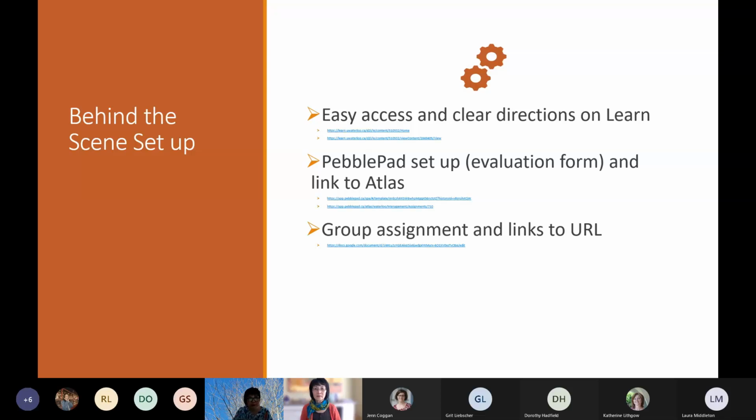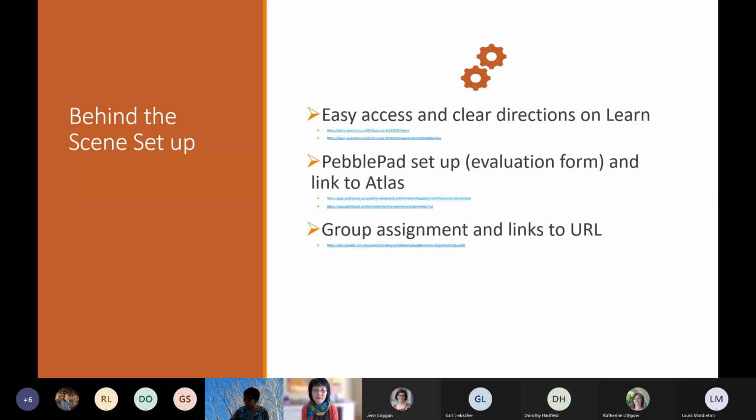And before the class started, of course, we needed to do a lot of setup for PebblePad and also the link to Alice. For that part, I feel that we were very well supported by the staff from CEL, and I was very grateful for that.